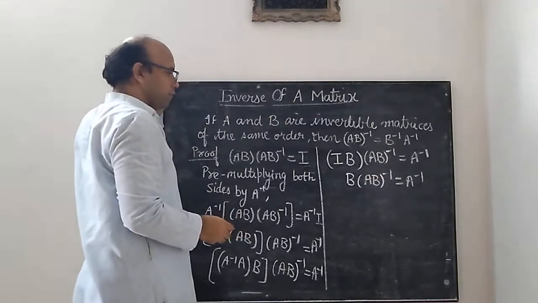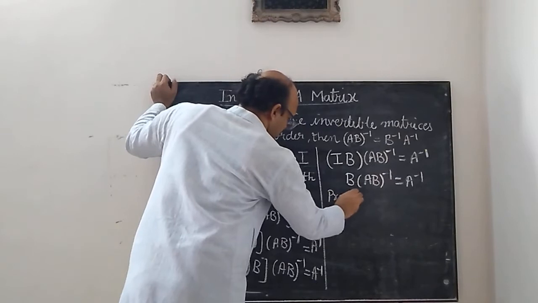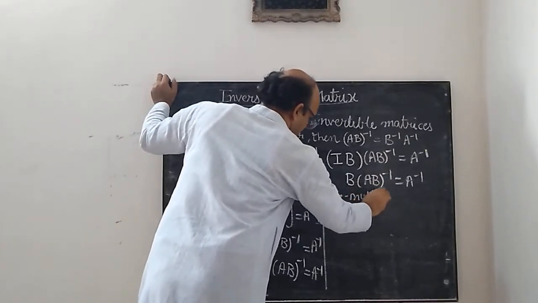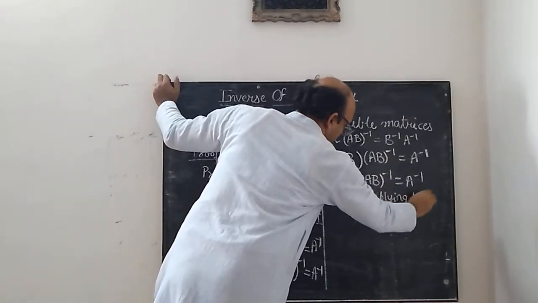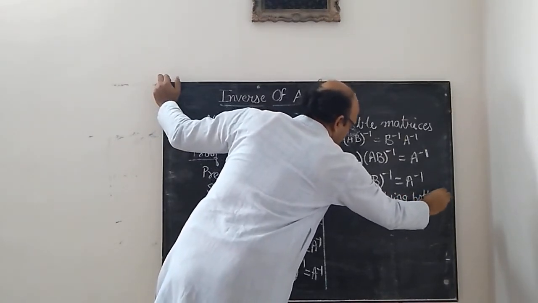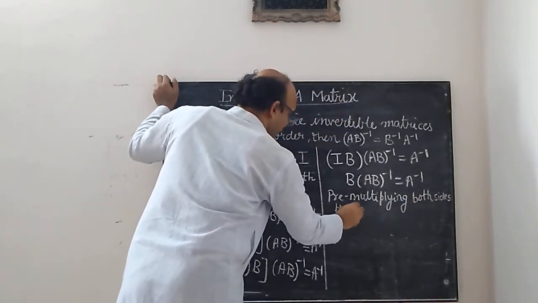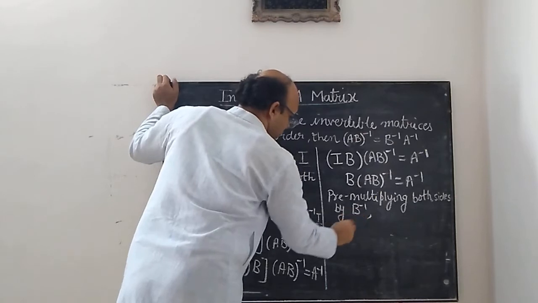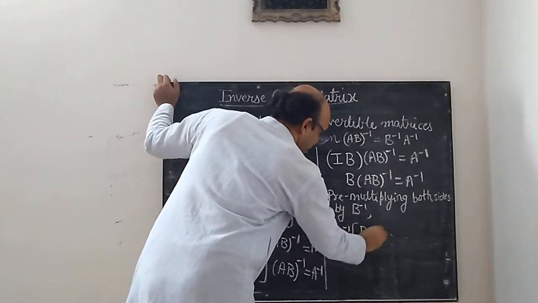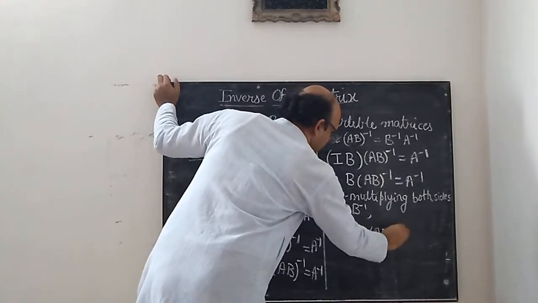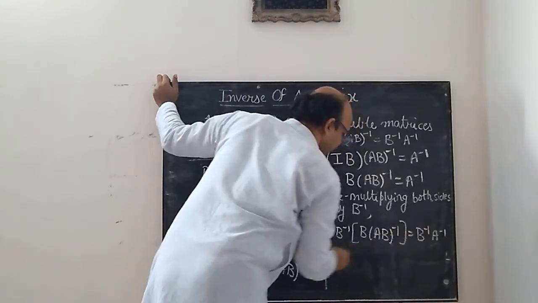Now again we pre-multiply both sides by B inverse. So what we have is B inverse B AB inverse is equal to B inverse into A inverse.